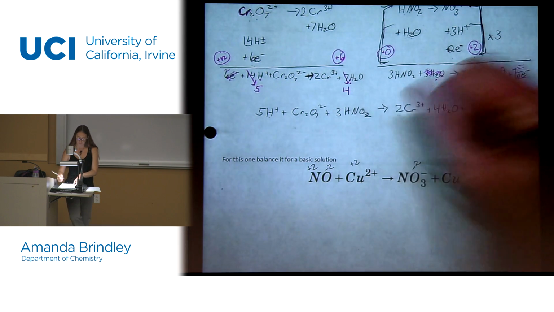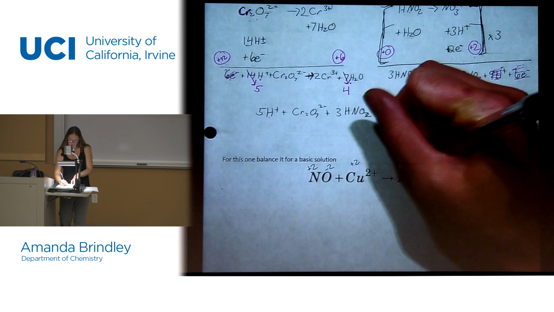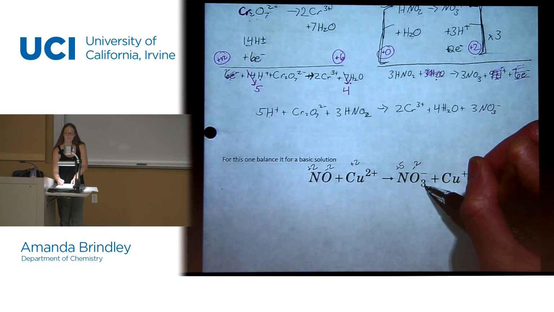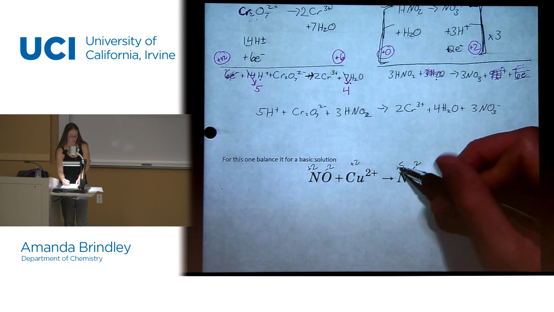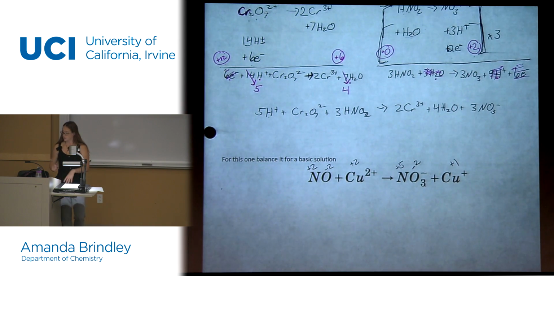Still -2. So now that makes the nitrogen what? +5, good. Because -2 times 3 is -6, but we need it to add to -1. So -6 plus 5 is -1. And then our copper.